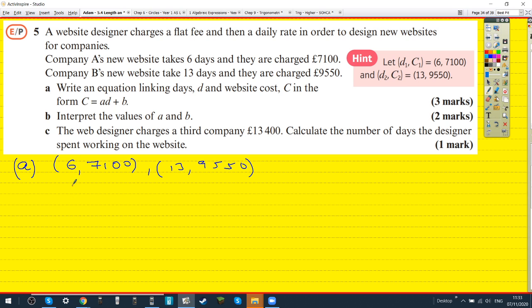So it is mx plus c equals y. Alright, yeah. So it'd be 6m plus c equals 7,100. And the other one is 13m plus c equals 9,550.